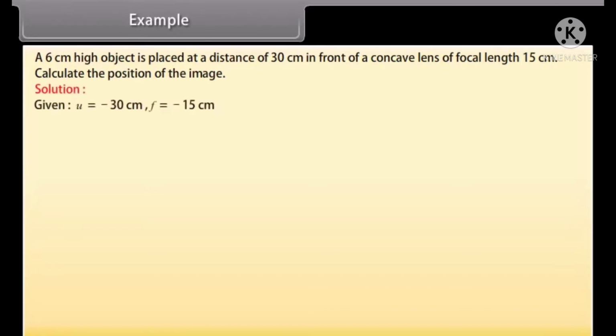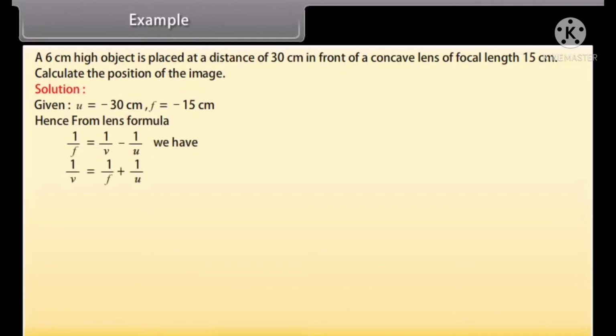Solution. Given u is equal to minus 30 centimeters, f is equal to minus 15 centimeters. Hence, from lens formula, 1/f = 1/v − 1/u.